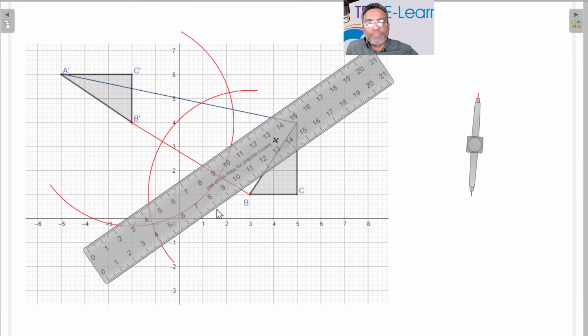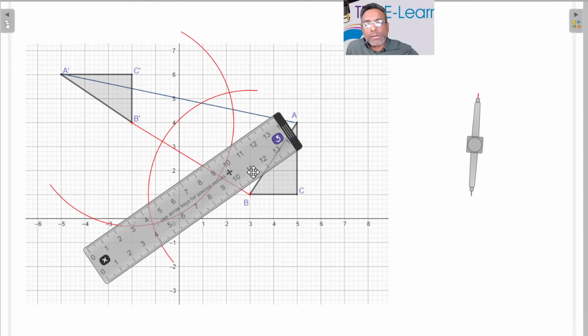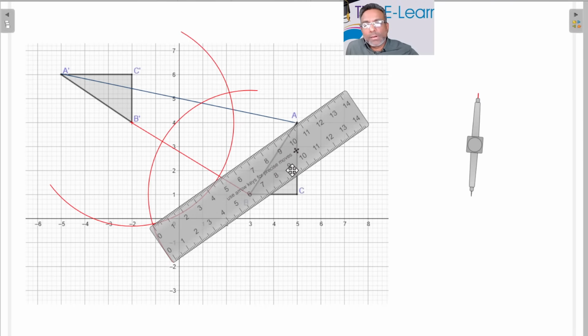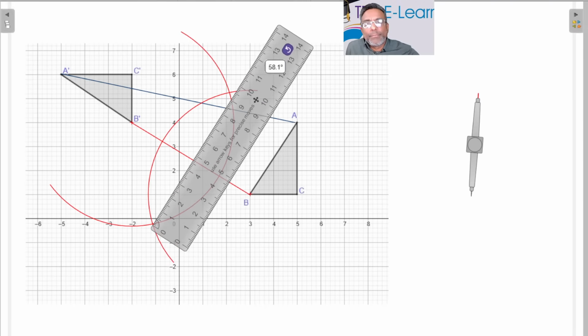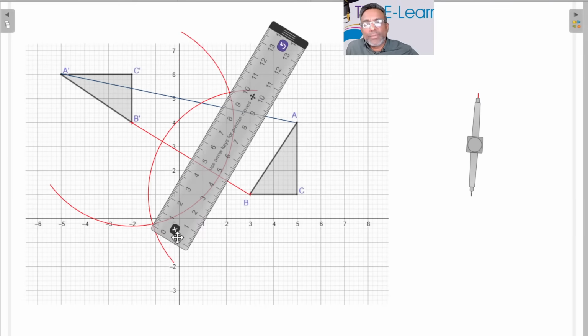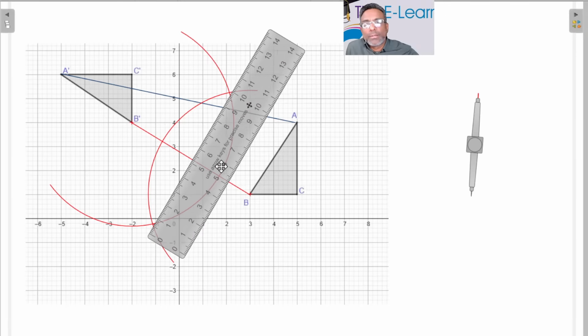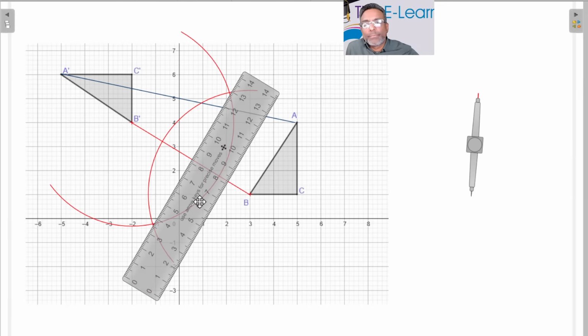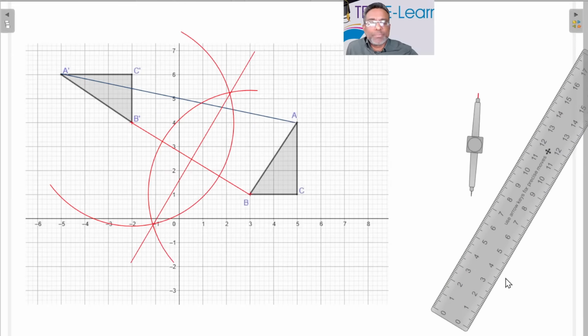So this is what I'm doing here. Right, so this line here that I'm drawing here is the perpendicular bisector, right? That's the perpendicular bisector.